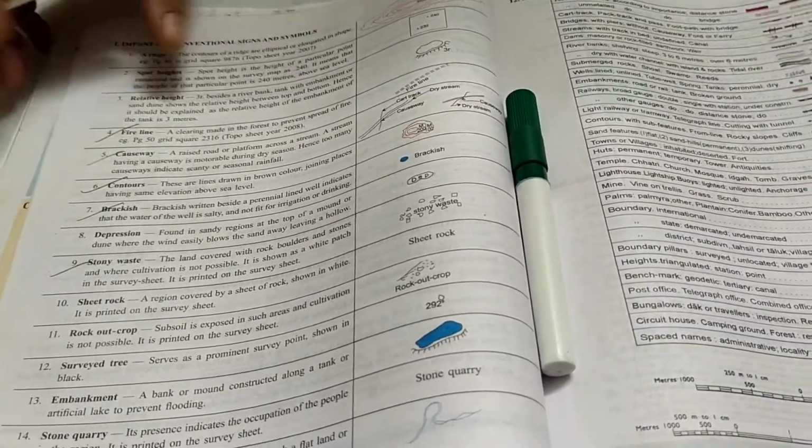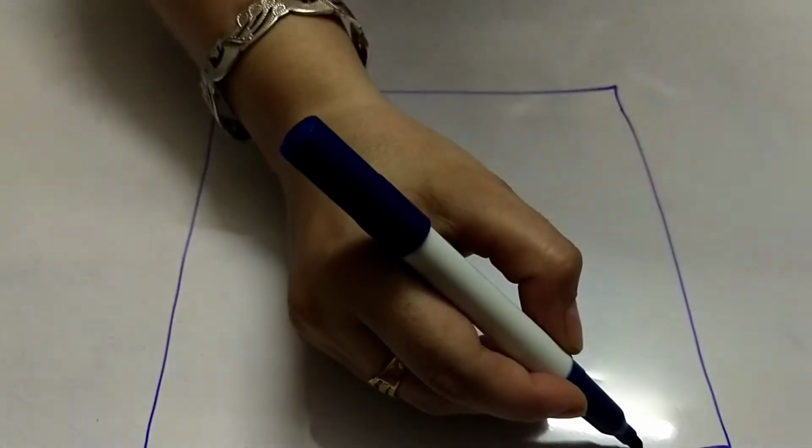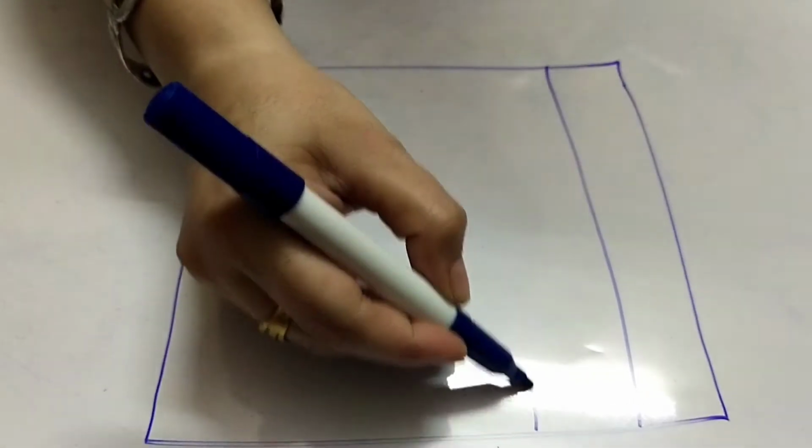So today let us continue with easting and northing, and it will carry 4 marks. First of all, you can see like this, you will get a survey map.